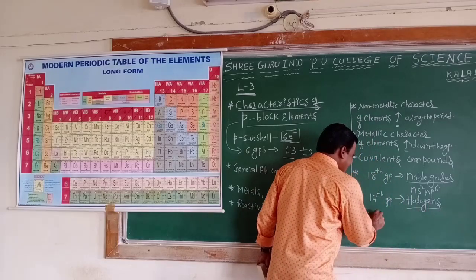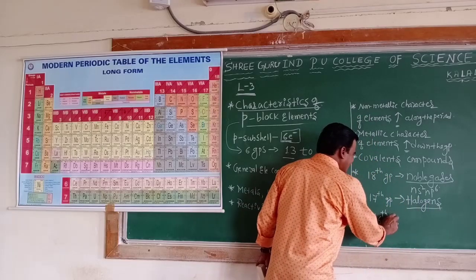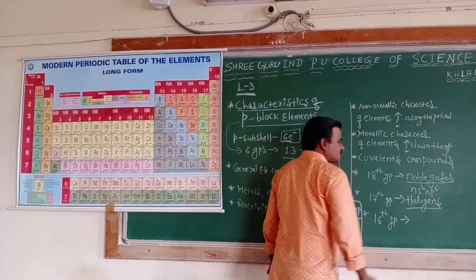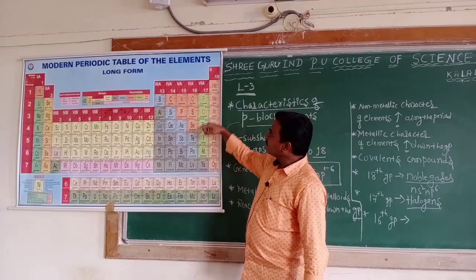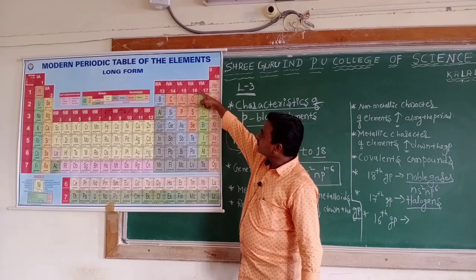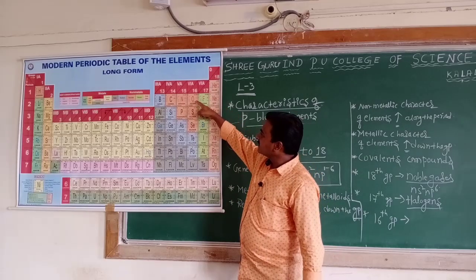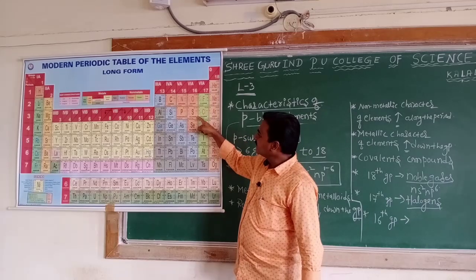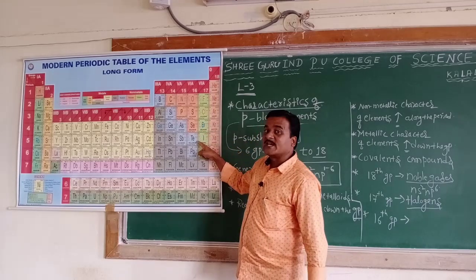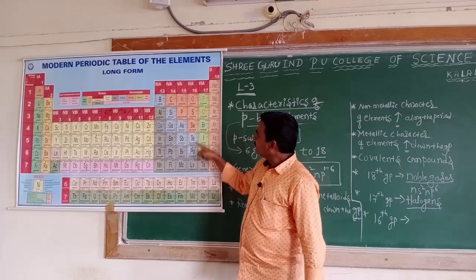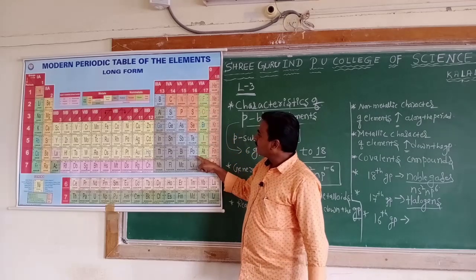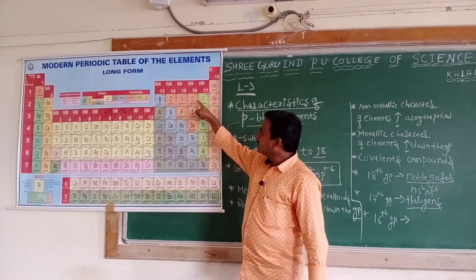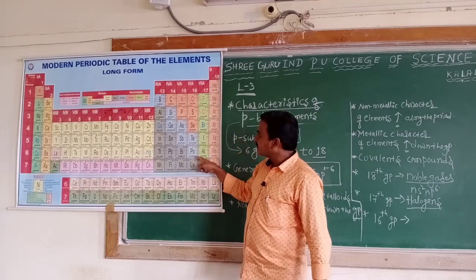Then coming to the 16th group, the elements are called chalcogens. The 16th group begins with oxygen, sulfur, selenium, tellurium, polonium; all these elements belong to the 16th group.